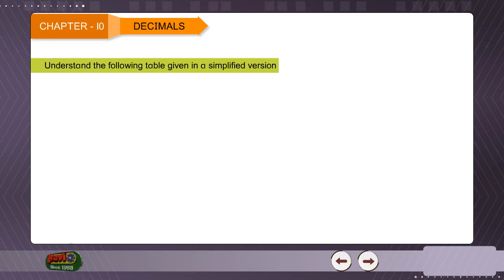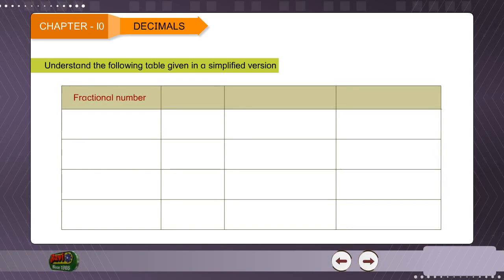Understand the following table given in a simplified version. Fractional number, fraction, decimal number.